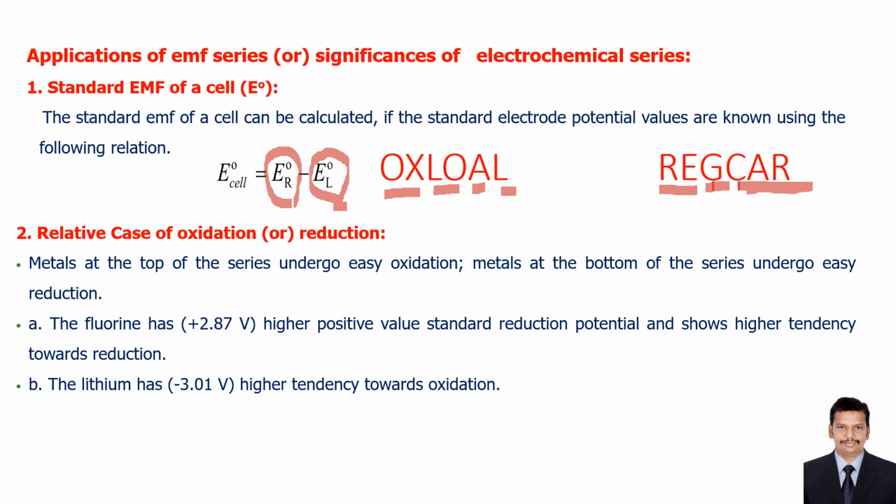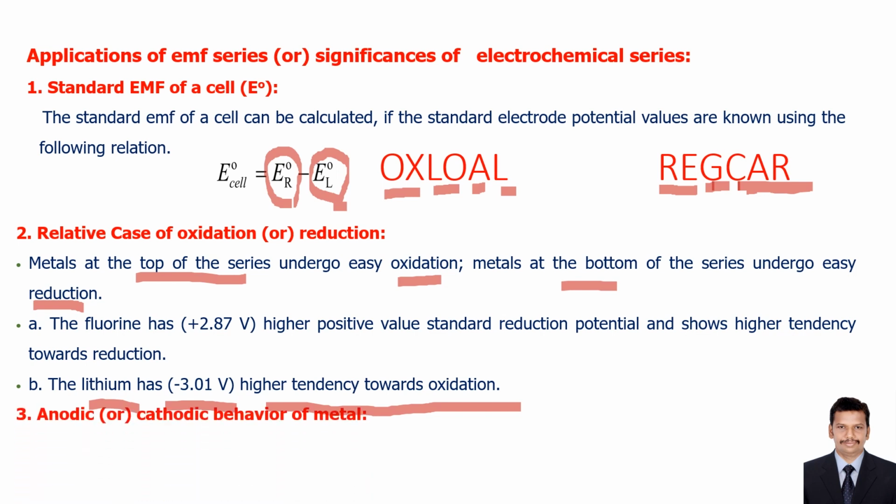The higher positive standard reduction potential value shows a higher tendency towards reduction. Whereas for the metal at the top, lithium, the reduction potential value is minus 3.01 volt. So this has a higher tendency towards oxidation. So metals at the top of the series always undergo oxidation, whereas metals at the bottom of the series always undergo reduction.